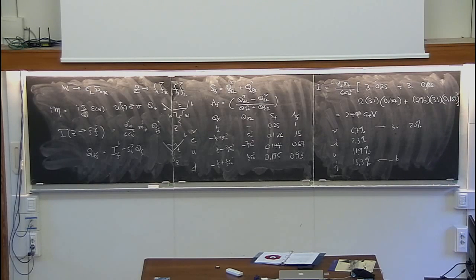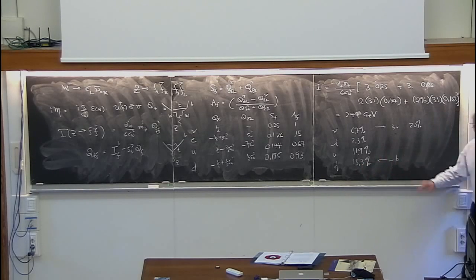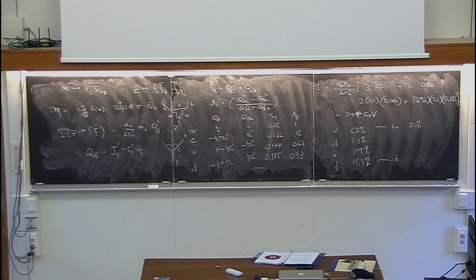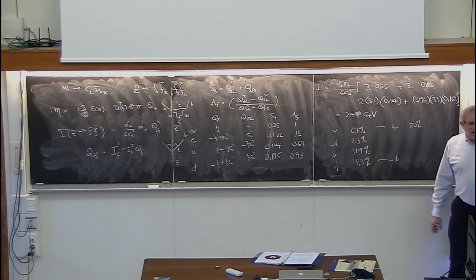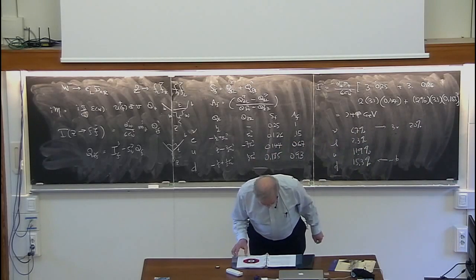So if you're interested in Z to b, the branching ratio is substantial but not overwhelming. And this also becomes very important in collider physics. So these numbers are interesting in their own right. They're checkable in experiment. And they also have important implications when you try to do physics at the LHC using the Z as a tool.